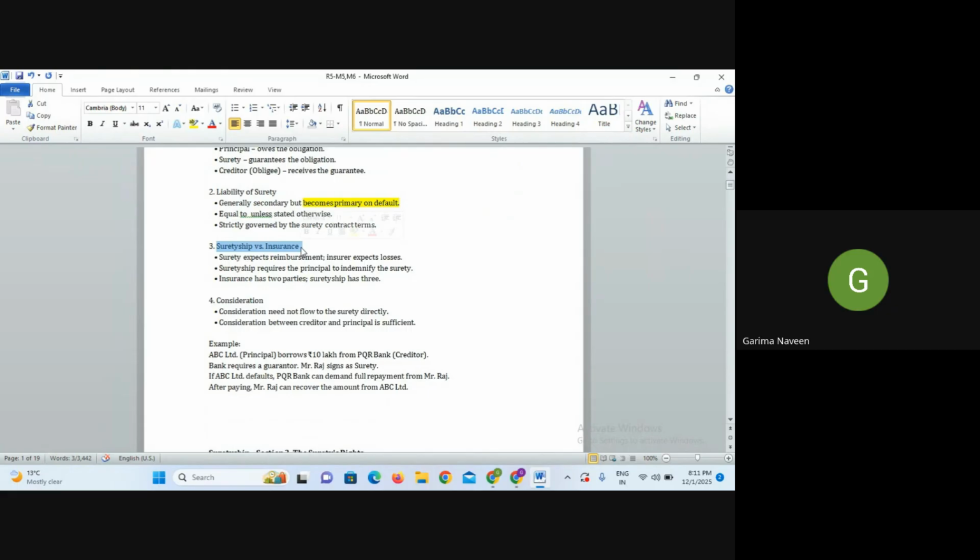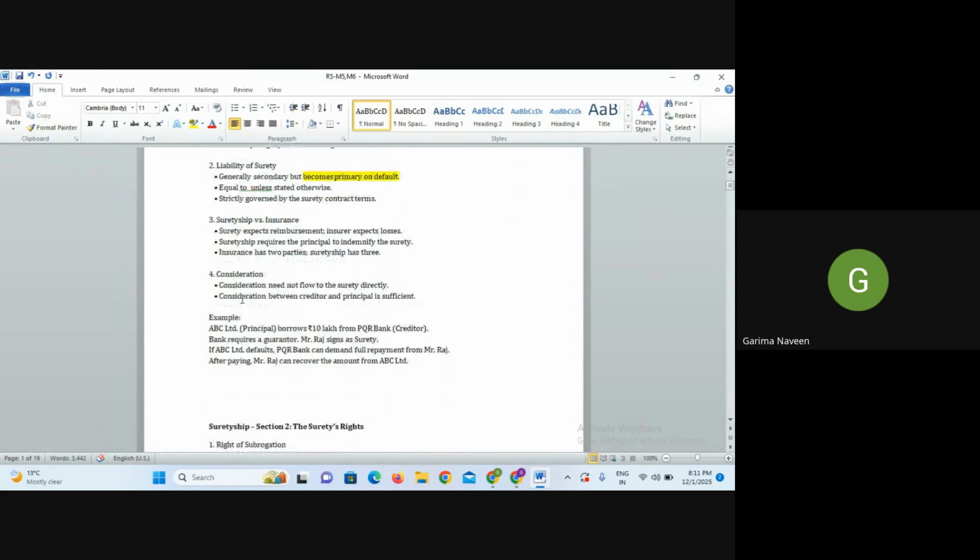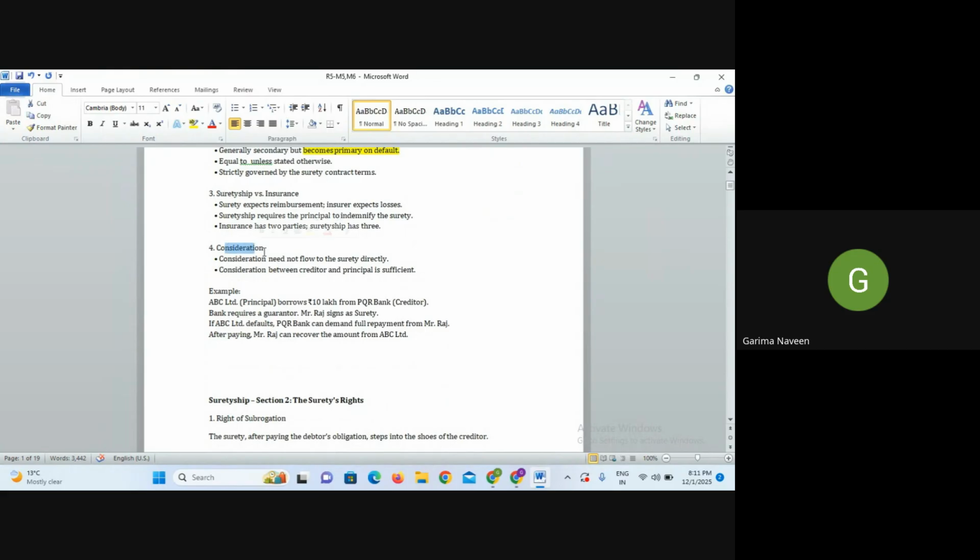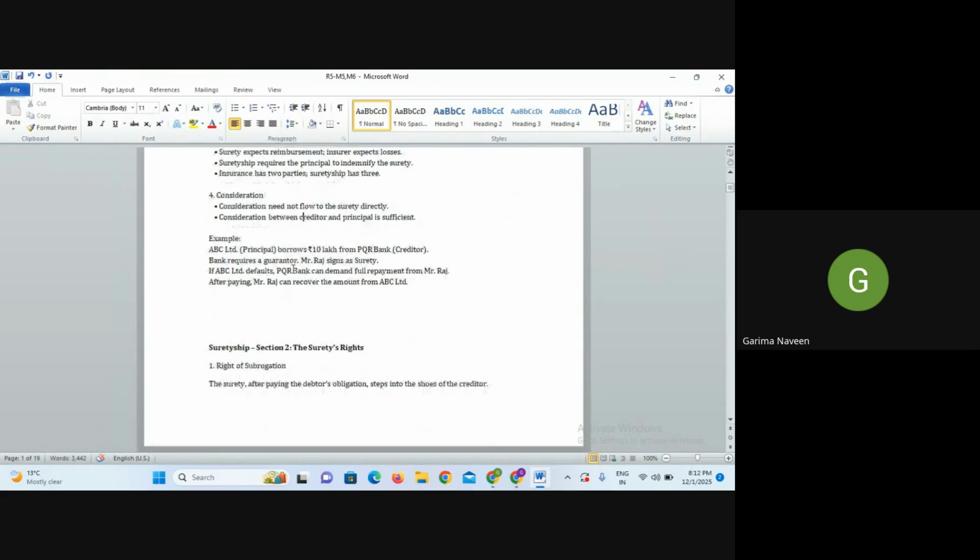Suretyship requires the principal to indemnify the surety. If we talk about consideration, consideration need not flow to the surety directly. Consideration between the principal and creditor is sufficient.